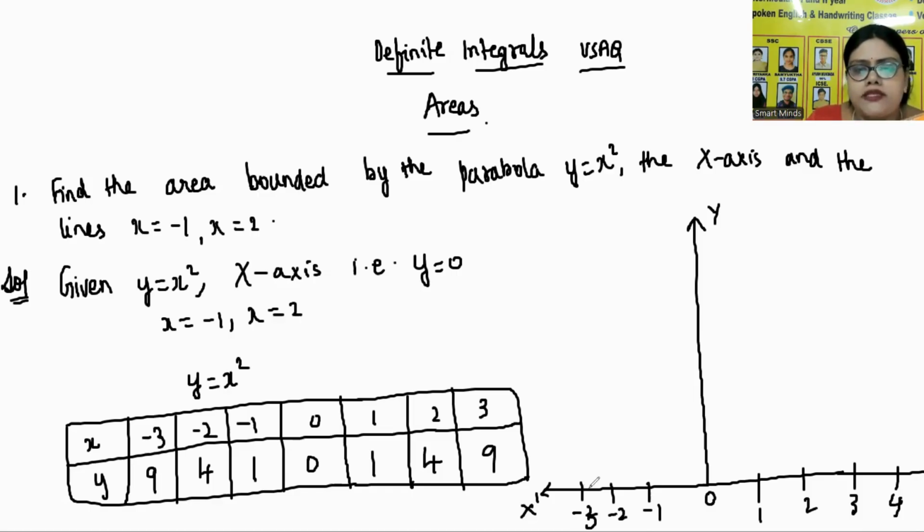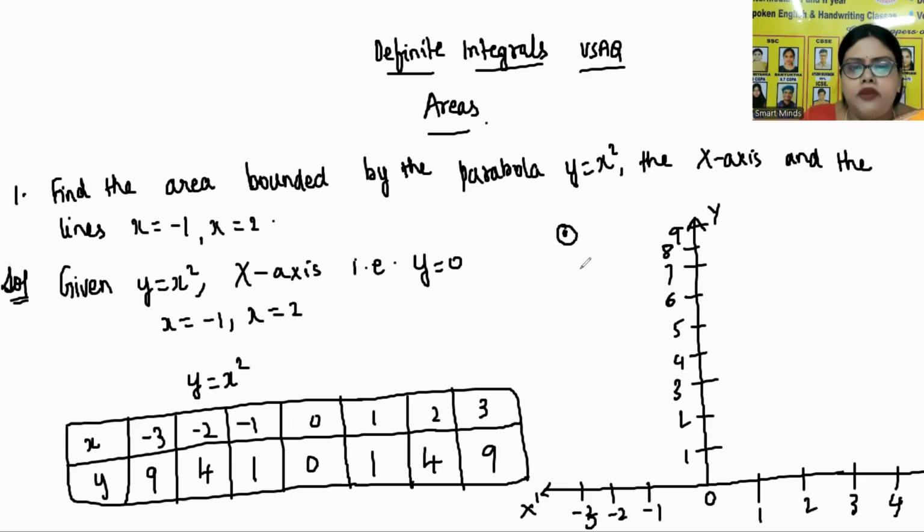Let us take some points on the y-axis, that is 1, 2, 3, 4, 5, 6, 7, 8, 9. So -3 comma 9 comes somewhere over here.